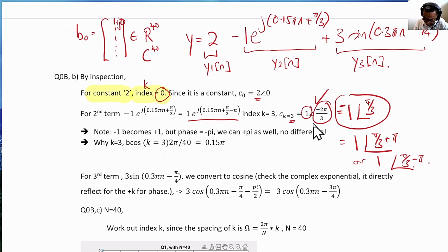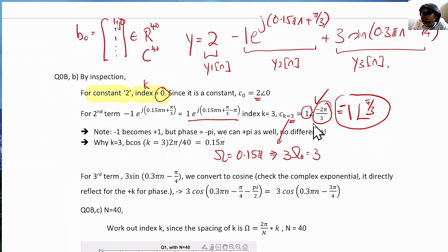for k equals 3. Why is it k equals 3? It's because we are interested in 0.15 pi for omega, and this is the same as 3 omega naught. What is omega naught again?